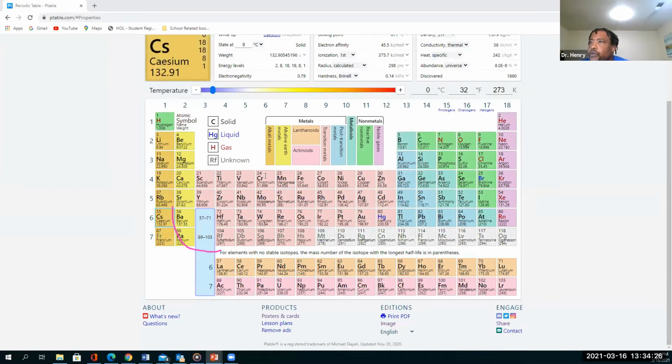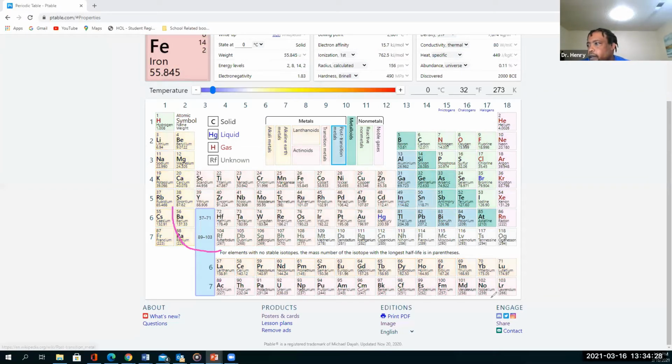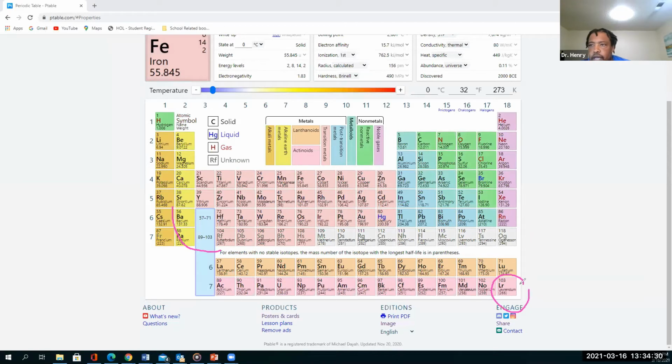Okay, so let's go through Lawrencium. Here's Lawrencium. You see it at the very bottom? So we start at radon, then we go to the 7s.